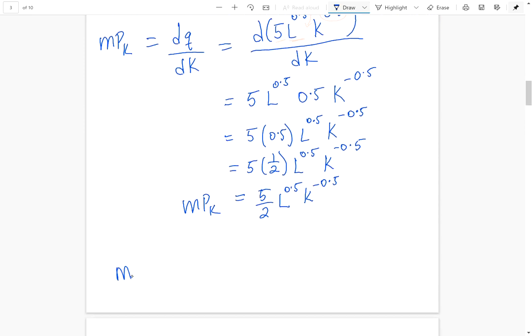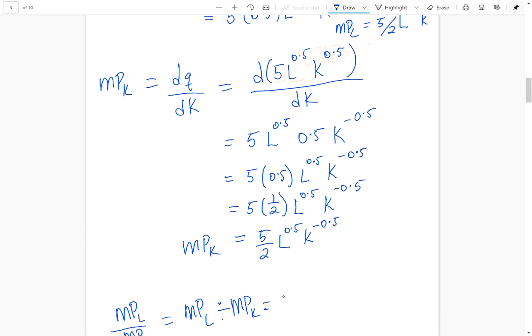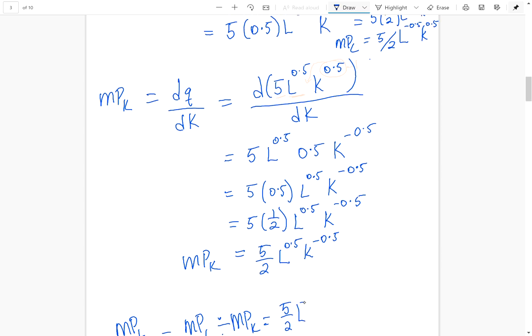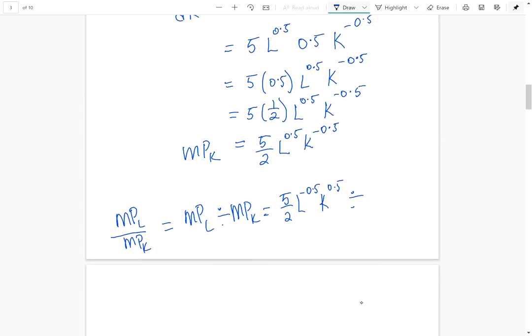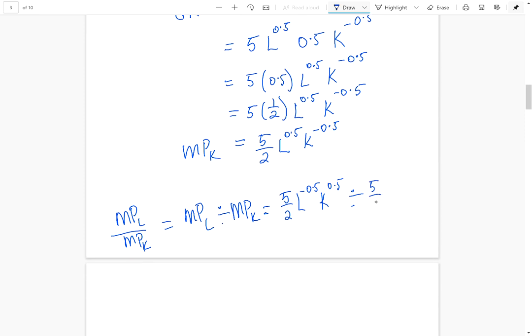So we're looking for MPL over MPK. That is MPL divided by MPK. So this will be equal to, what's our MPL here? 5 over 2 times L to the power of negative 0.5, K to the power of 0.5 divided by 5 over 2 times L to the power of 0.5, K to the power of negative 0.5.